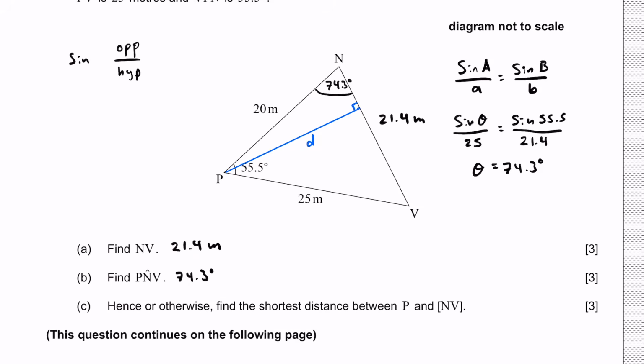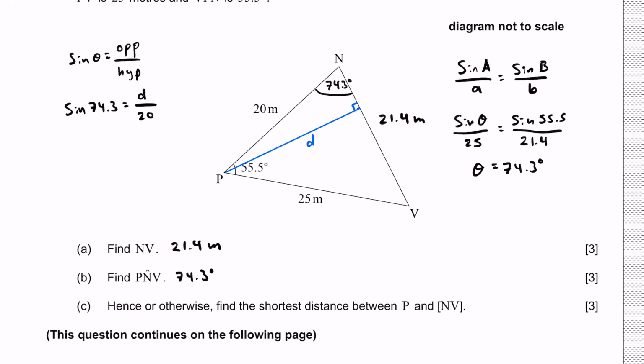So in this case, we have sine theta equals opposite over hypotenuse. Let's write out what we know. We know that theta is 74.3. Opposite itself is D, the side length that is opposite. And then our hypotenuse, our longest side length, is equal to 20.